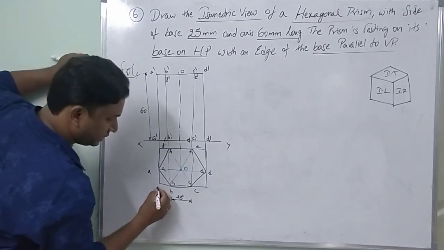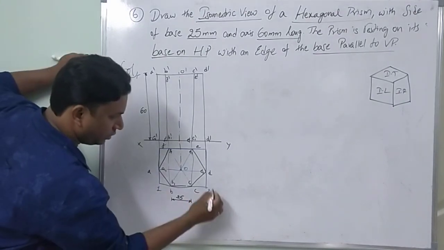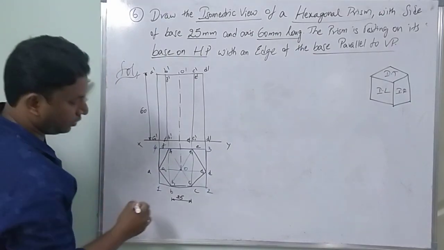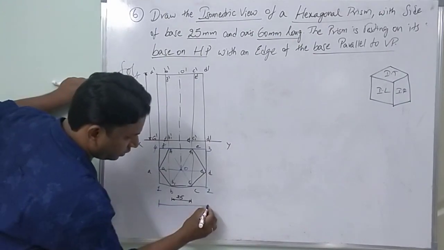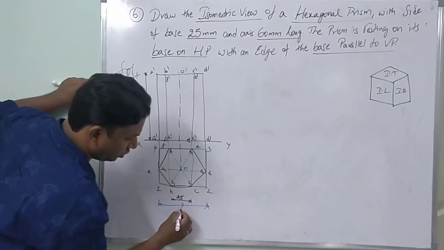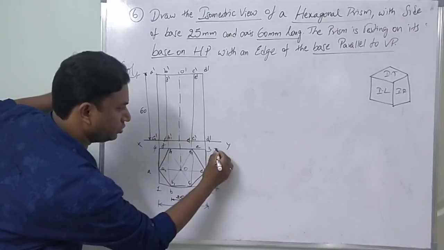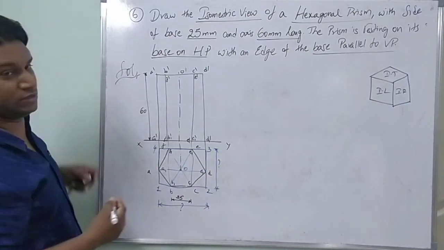Around this, number them as 1, 2, 3, 4. Now these dimensions 1-2, 2-3 you are supposed to find out with original scales.